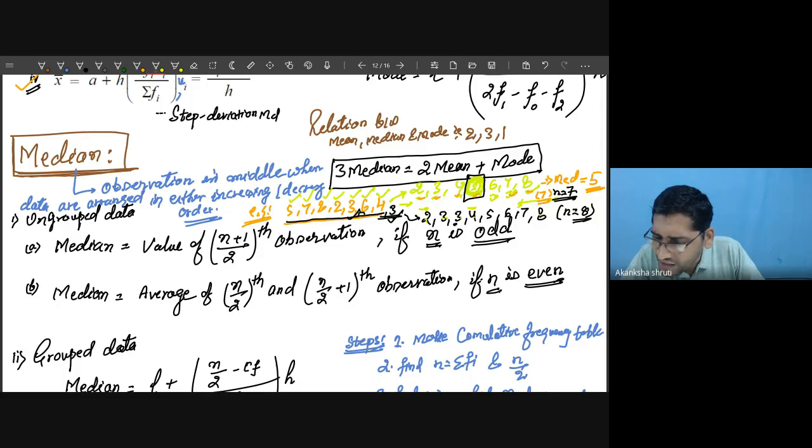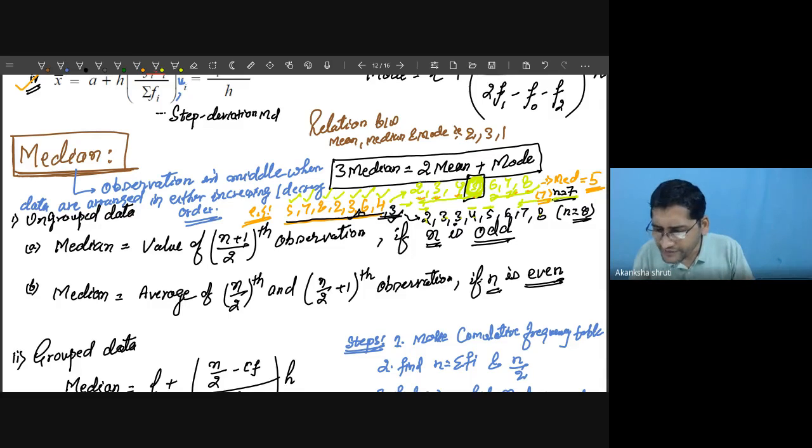So either 4 or this 5, because data at the center means on either side of that data there should be an equal number of data. Say from the first case, when we were considering the 7 data, 5 was at the center. At that time we were observing that 3 observations were before the 5 and 3 observations were after the 5.